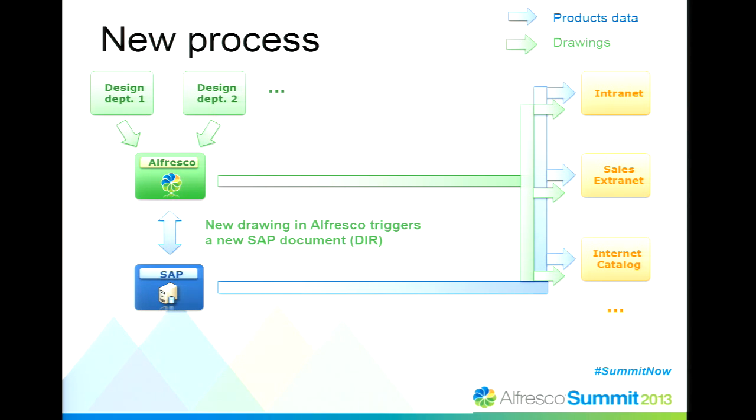And do you remember I told you about ArchiveLink and about the document management, DMS in SAP? There we use the document info record to make this process happen, that we link the document between Alfresco and SAP on one hand, and then enable SAP also to spread the information to the different channels.